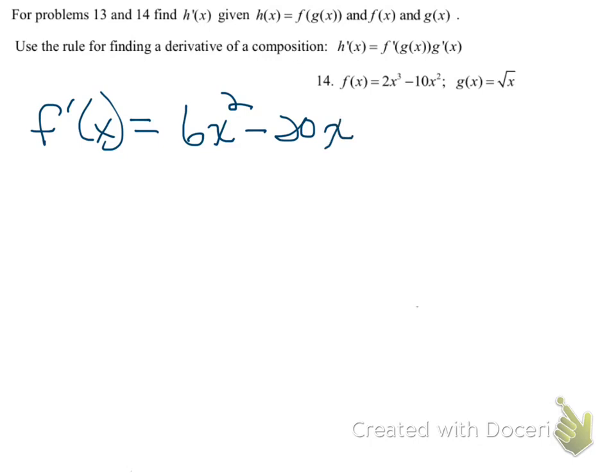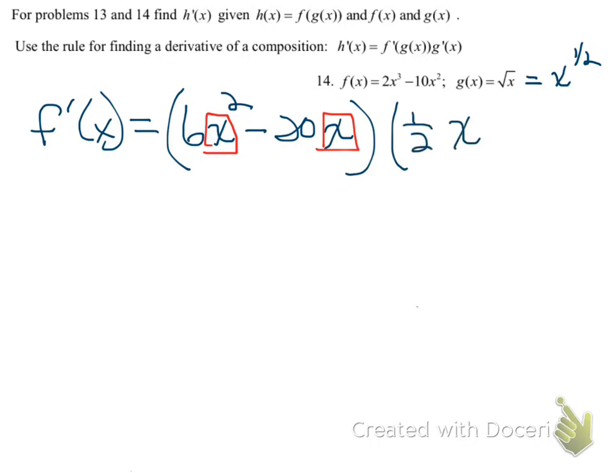Now right away I'm going to put a box around those x's because I know I have to replace them with the g of x function. Okay, so all this is in parentheses because this whole thing is being multiplied by the derivative of g of x. Well, I should say that g of x is x to the 1/2, so that I know when I take the derivative, I'm going to get 1/2 x to the negative 1/2.